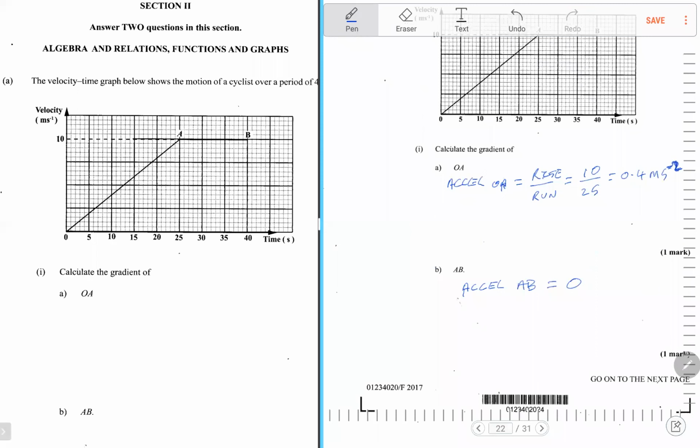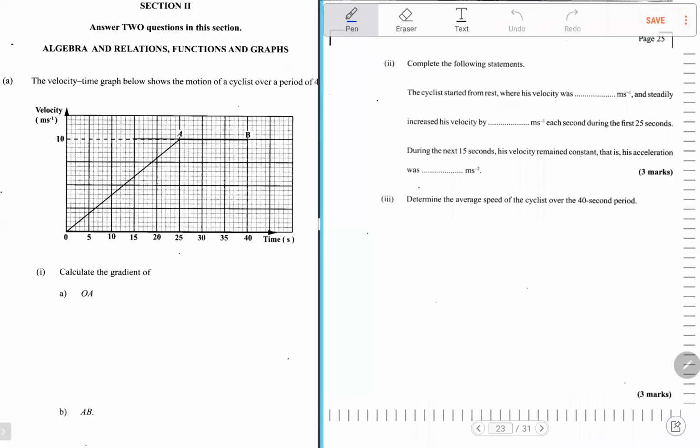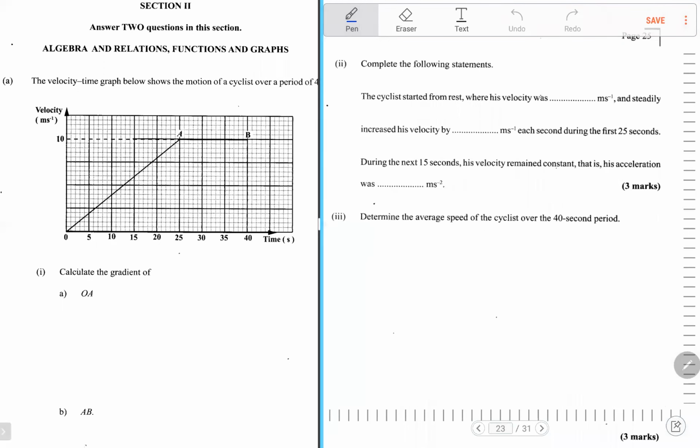So the next part now says complete the following statements. The cyclist started from rest, which is right here. Look over this side.